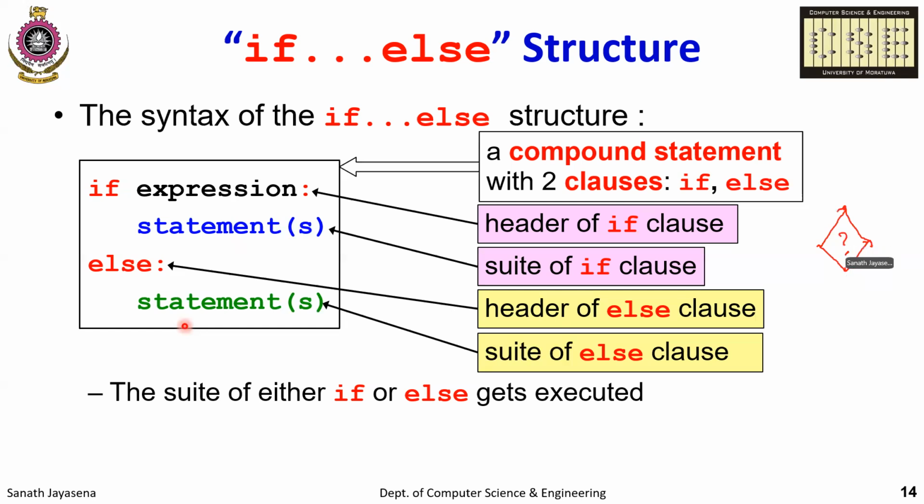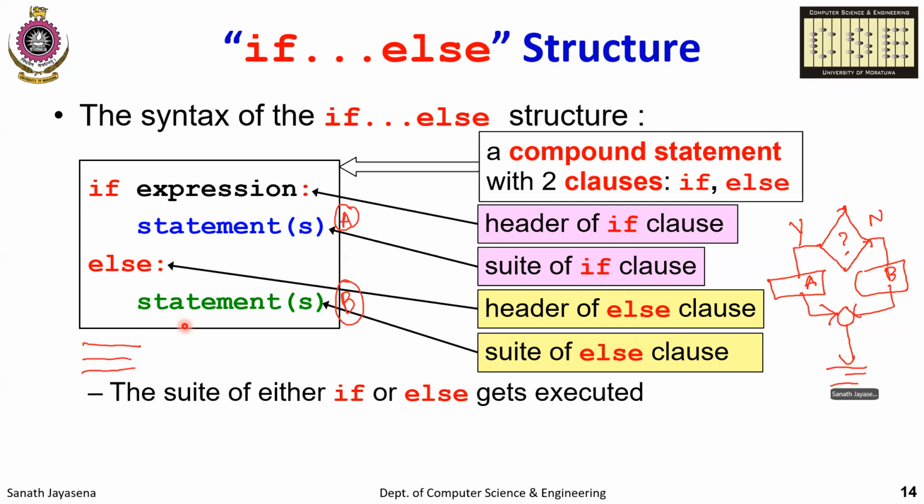You ask the question, and if yes, you do one; if not, you do the other. It's like this is A and this is B. If this is yes or true, you do that. If it's no or false, you do that. And after that, you come and proceed. If you have another statement here, you continue like that.